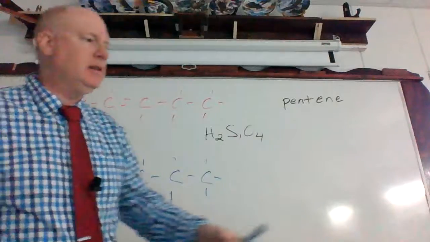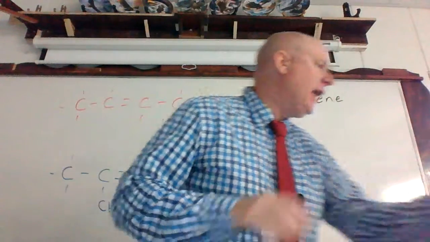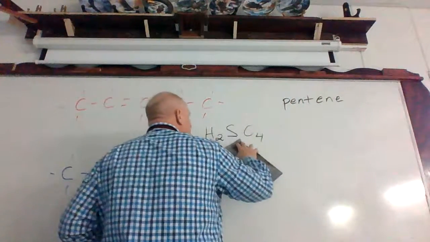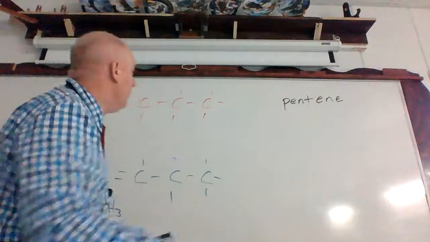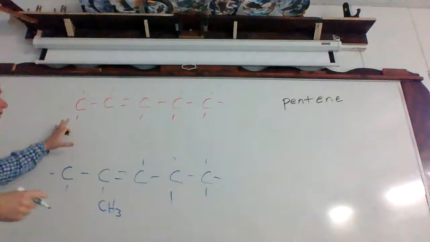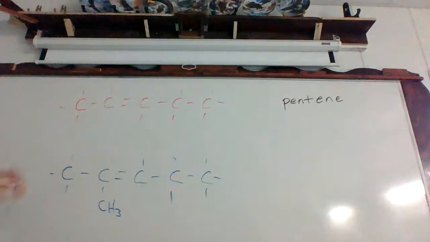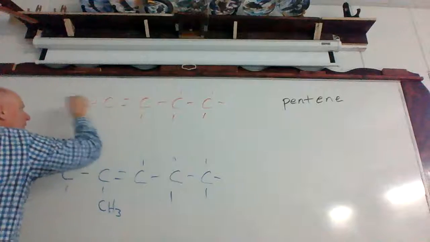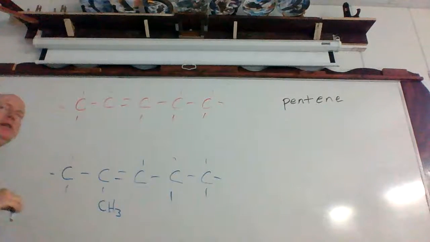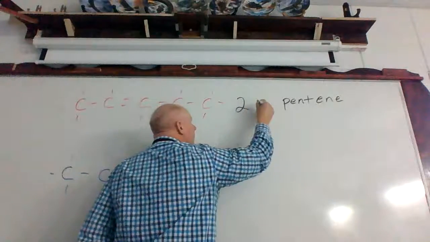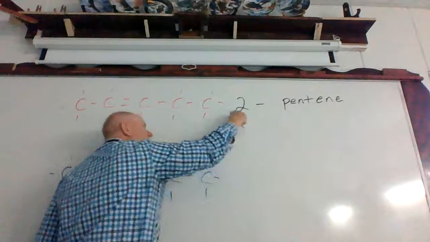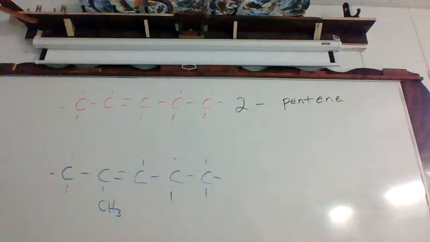For the same reason, if you don't write anything after the number, you're just saying it's after the first carbon. But in this case, is that double bond after going this way or this way? Left to right, that double bond occurs after which carbon? The second one. So if there's nothing written after that number, that's just telling you where that bond is located.